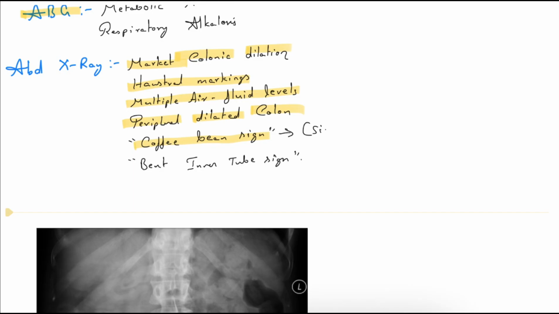If you see the coffee bean sign, that is sigmoid volvulus. Next, the bent inner tube sign. If you see that, it is cecal volvulus. So the coffee bean sign means volvulus.